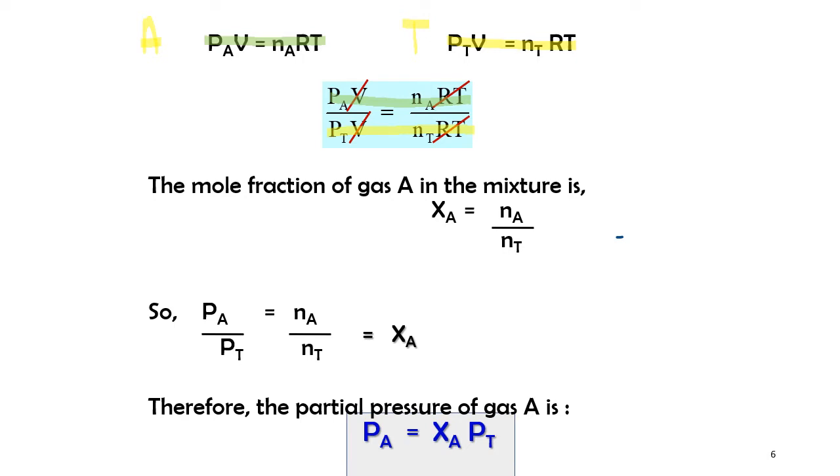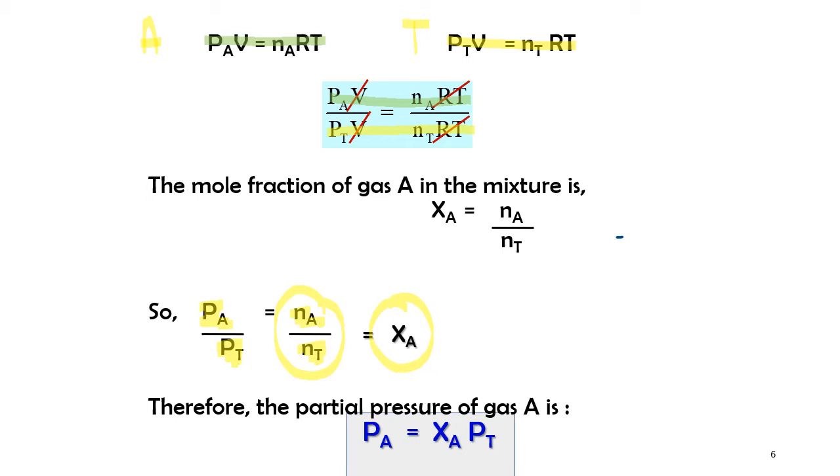you will get the mole fraction of gas A. So kamu akan dapat PA, partial pressure of gas A, divided by total pressure, is equal to mole of gas A divided by mole of total. So this one you can simplify as mole fraction. Ini kita dah belajar in previous chapter.